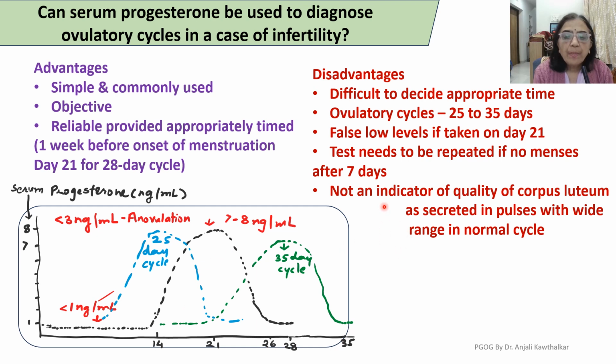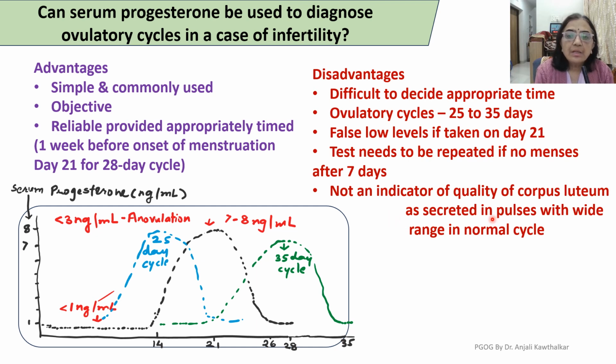So it is not an indicator of quality of corpus luteum, as it is secreted in pulses with a wide range in a normal cycle. Even in a normal cycle, if you do a serum progesterone level, there will be so much fluctuation. It can fluctuate right from 5 nanogram per ml to 40 nanogram per ml because it is being released by corpus luteum in pulses.